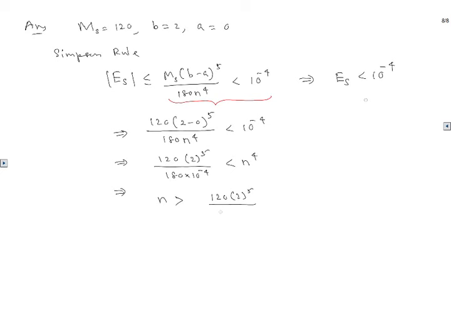You can use a calculator to do this part. If you do this calculation, you end up getting 1064 over 3 to the 1/4.